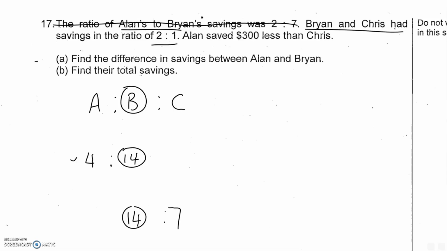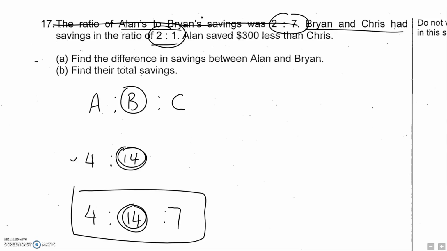Okay, so A, which is Alan, will just be 4 is to 14. And Chris will be 7 instead. So we ignore what is 2 is to 7, we ignore 2 is to 1 because we want to make the equivalent fraction out. So that Brian is 14 and Brian is 14, which makes sense. Okay, so the new ratio is 4, 14 and 7.